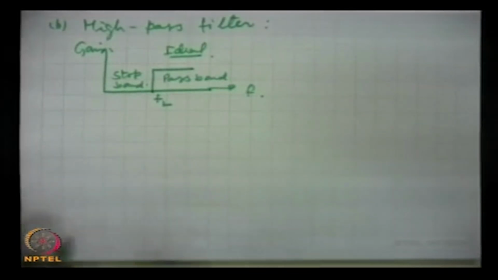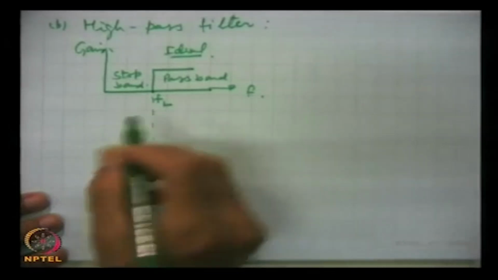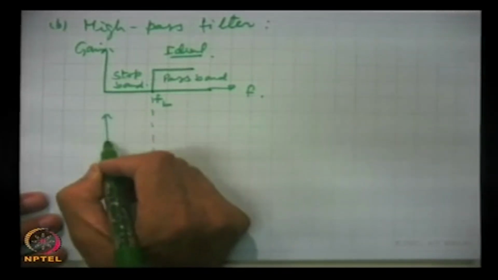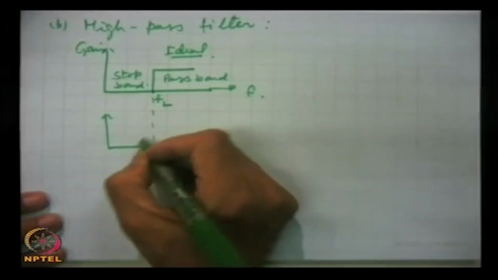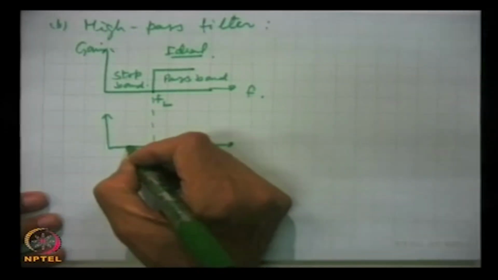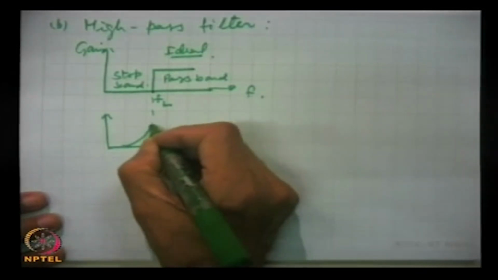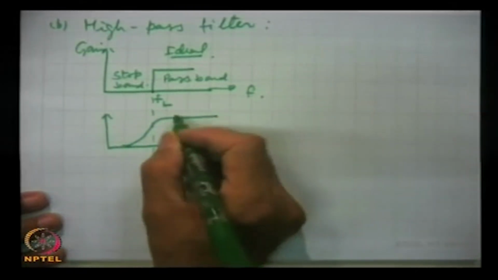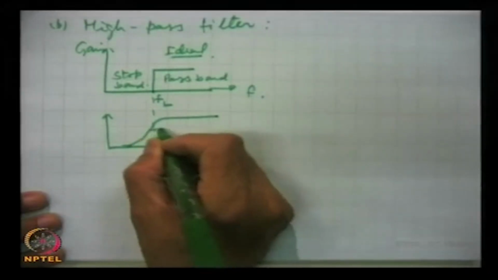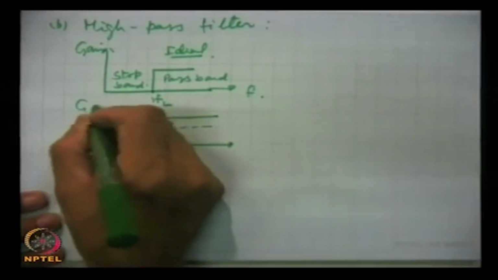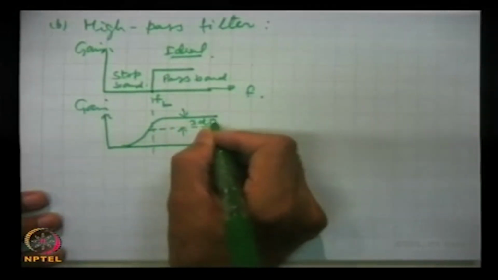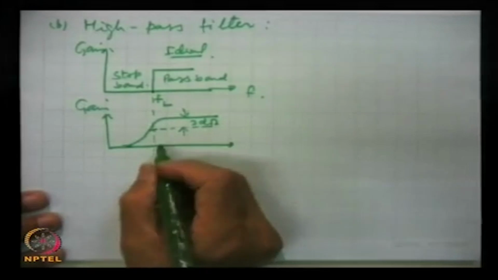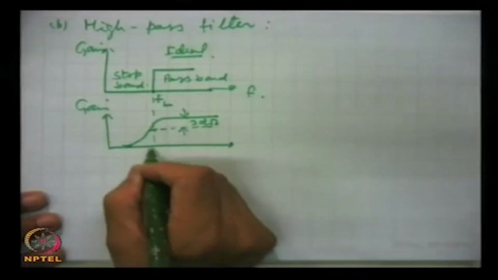In the practical case, the response for the actual filter will be like this. This is gain, and this gain is 3 dB down at this frequency FL, same, this is frequency.